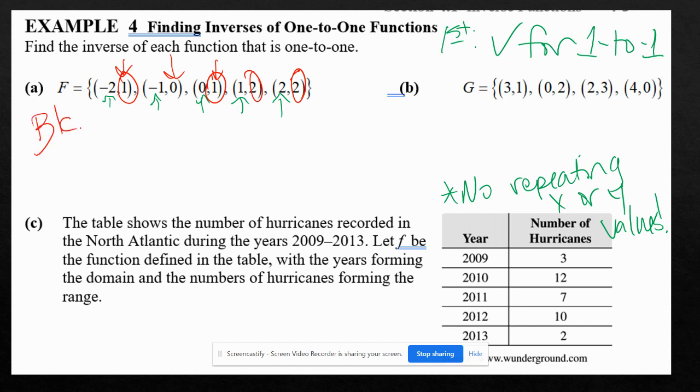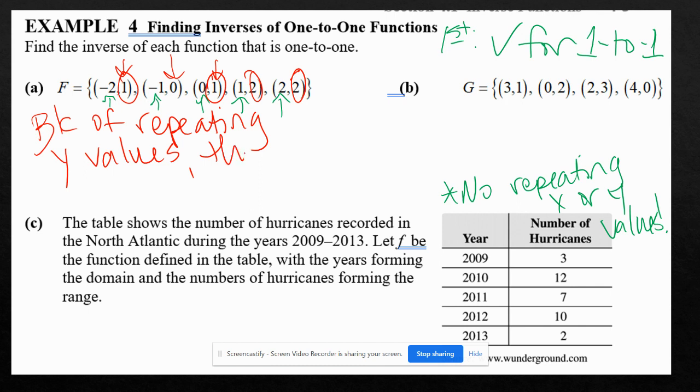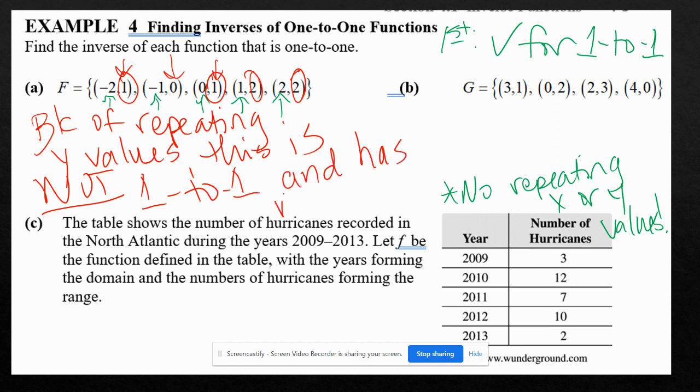So because of repeating y values, this is not 1-to-1 and has no inverse.